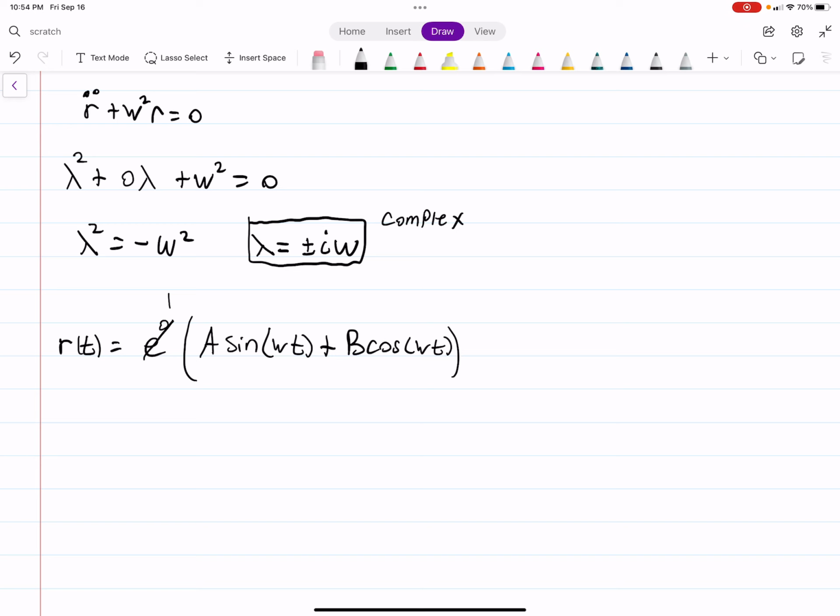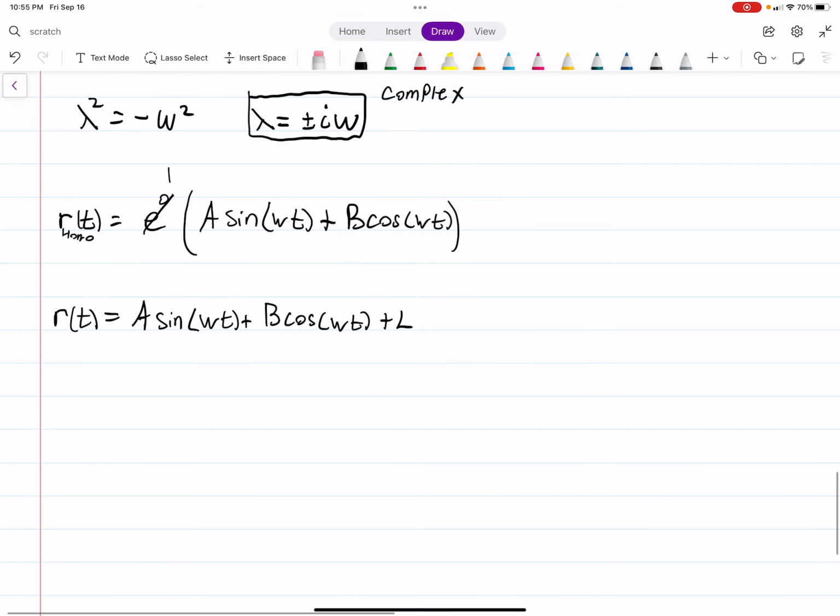And this, I should say, is for the homogeneous part. So now our general solution to this differential equation will be a linear combination of what we just found. So a sine omega t plus b cosine omega t, and then plus the L we found earlier.